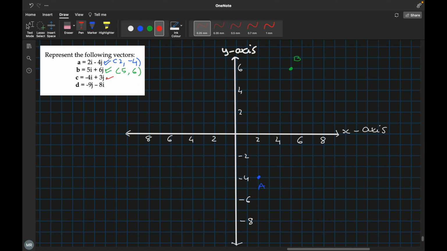And then we have this. It's going to be negative 4 comma 3. Negative 4 comma 3 would be 3 up. This is C.